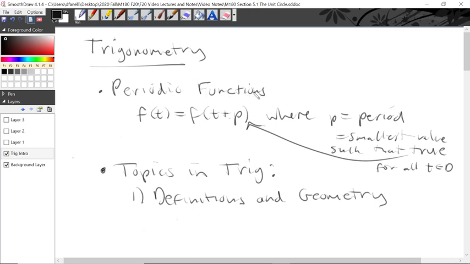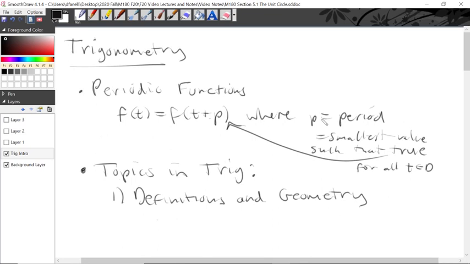Okay, so this can describe phenomena in a lot of the natural sciences, anything that repeats. Some examples could include waves. So waves in a fluid, for example, which can also be associated with the tides in the ocean, which are also associated with celestial periodic patterns, that is, the moon and the sun.